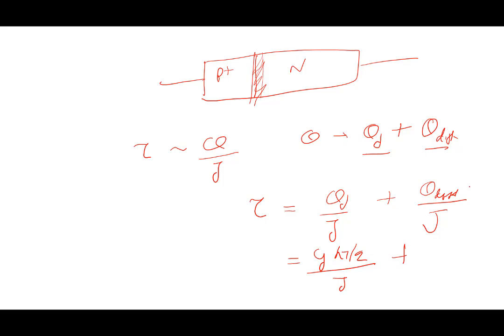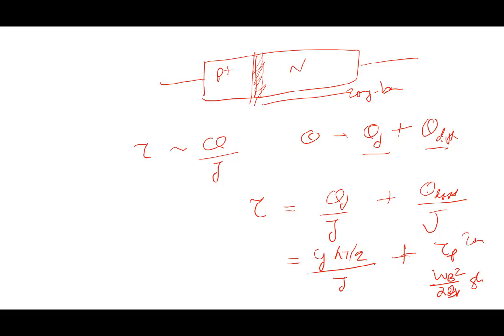The next component, in a diode like this, maybe a long base diode, comes out to be the lifetime. But if it's a short base diode, then it comes out to be WB, whatever the thickness is, WB square over 2 dP kind of a thing. That is the short base.